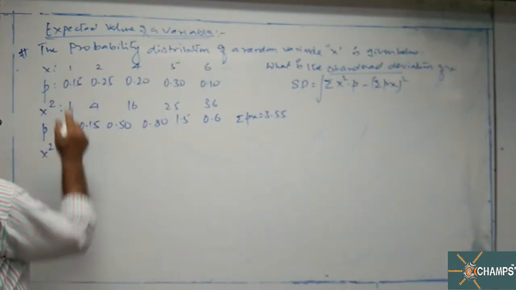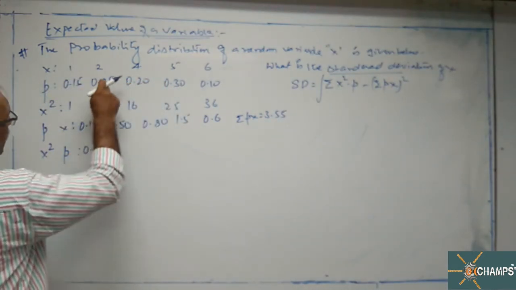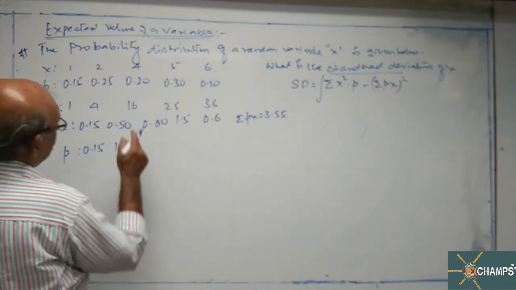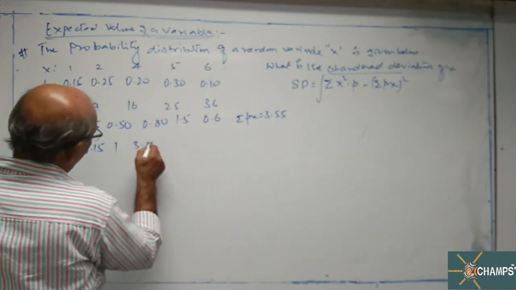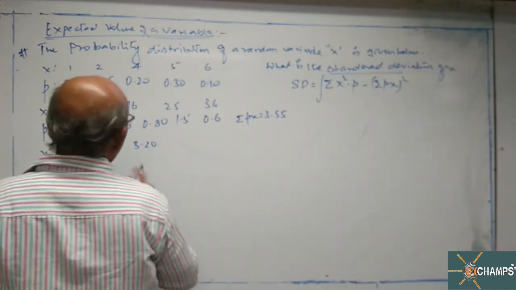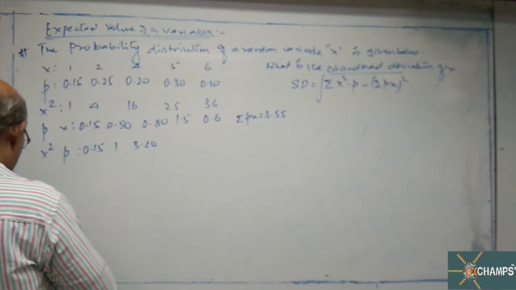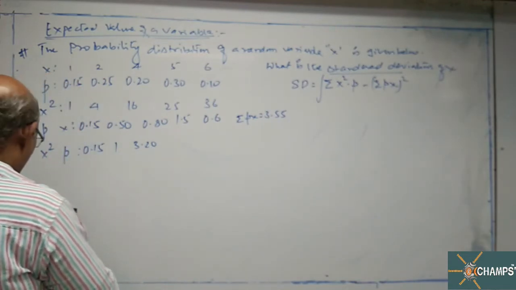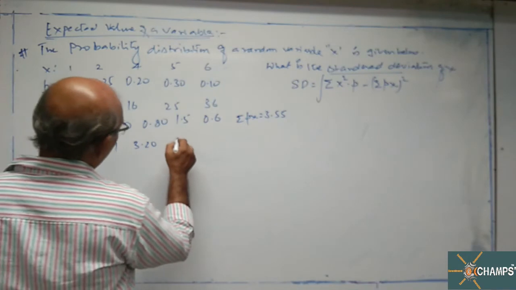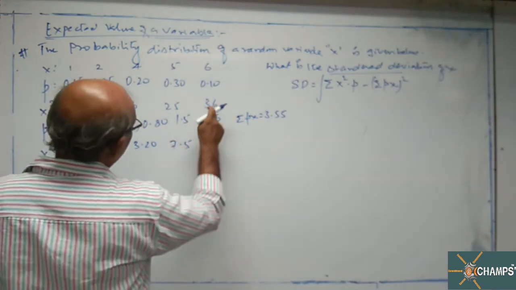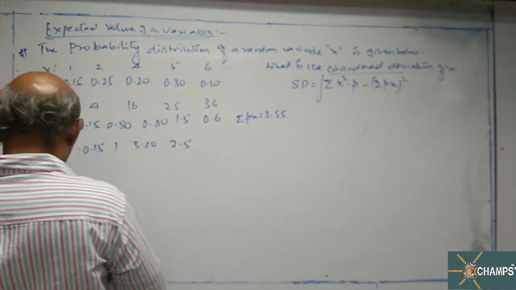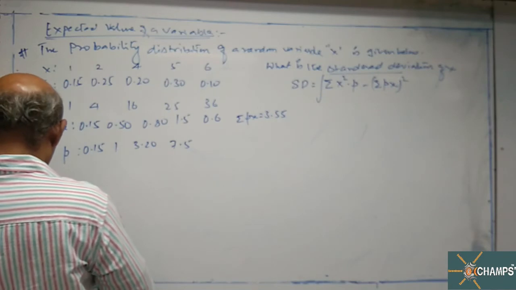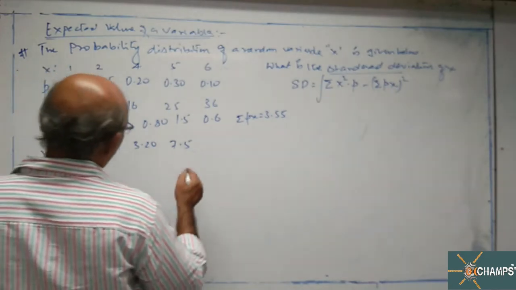Now x square P: 1 into 0.15 is 0.15, 4 into 0.25 is 1, 16 into 0.20 is 3.20, 25 into 0.30 is 7.5, 36 into 0.10 is 3.6.